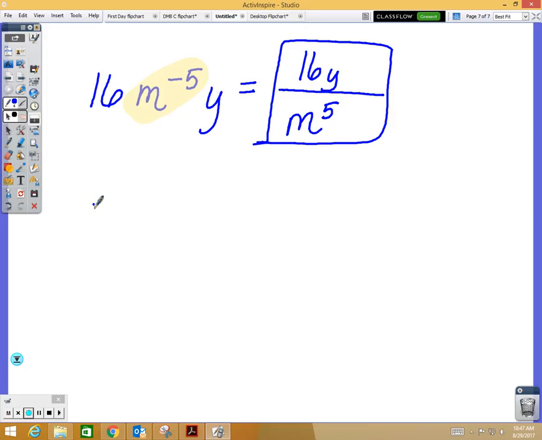How about a to the negative 7th power, b to the negative 5th power, c to the 4th power, d to the 0 power? Probably thinking, oh my gosh, what is she asking? So you have 4 different things here. Think about what goes on top, what goes on bottom.